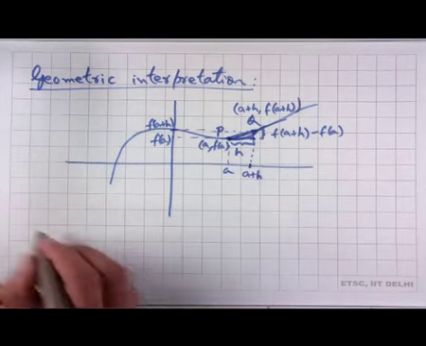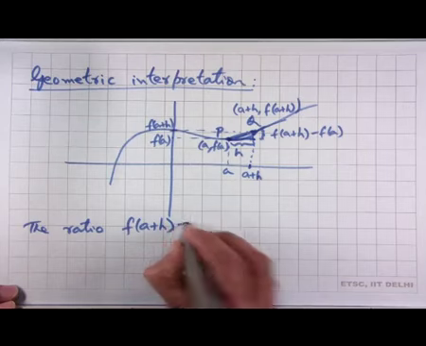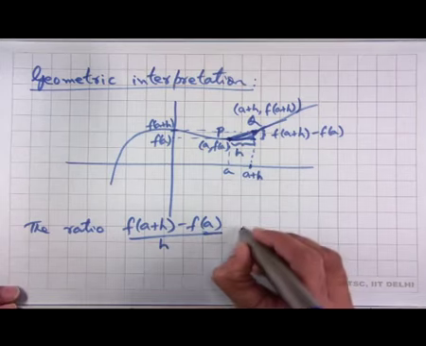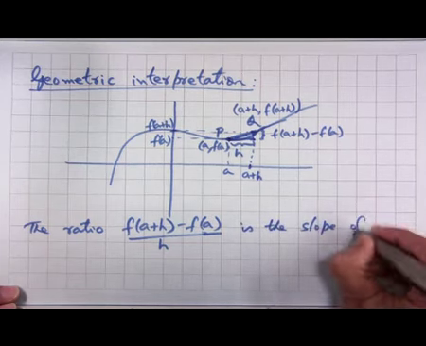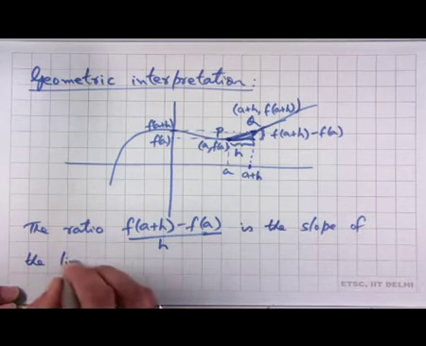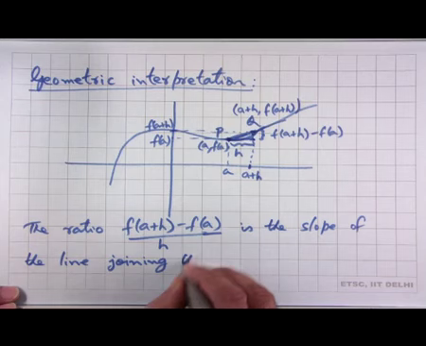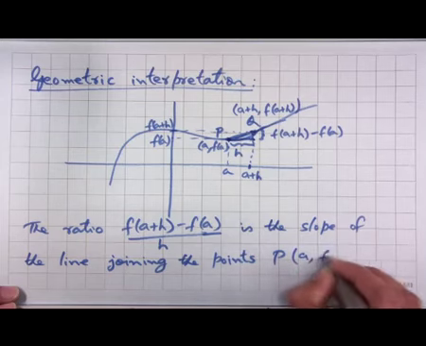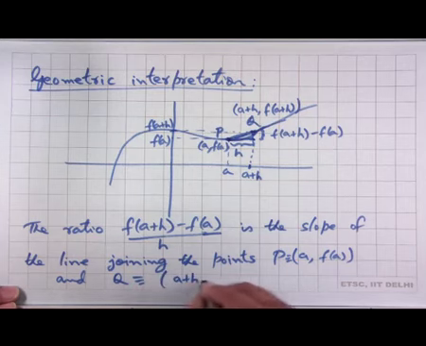So, this ratio, f of a plus h minus f of a by h, is nothing but the slope of the line joining the points P, which is given by a, f of a, and Q, which is the point a plus h, f of a plus h.